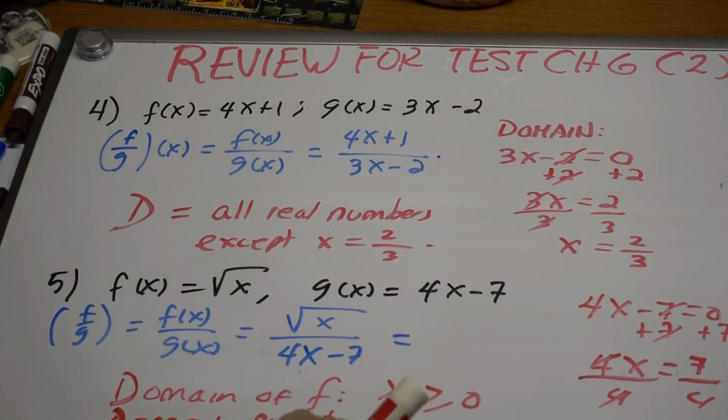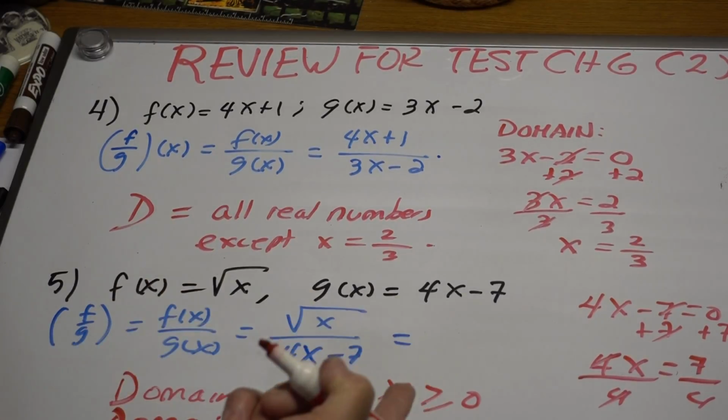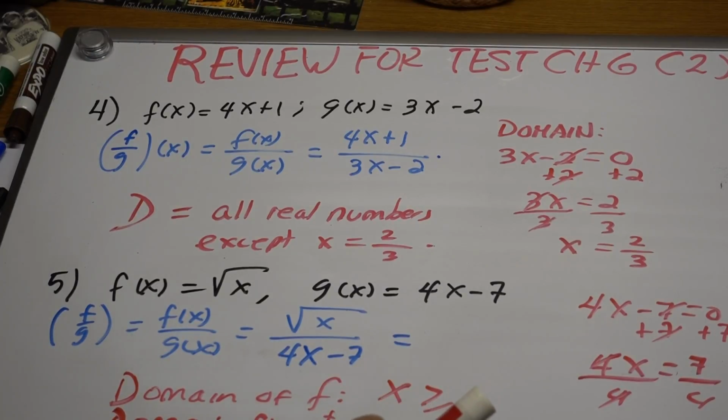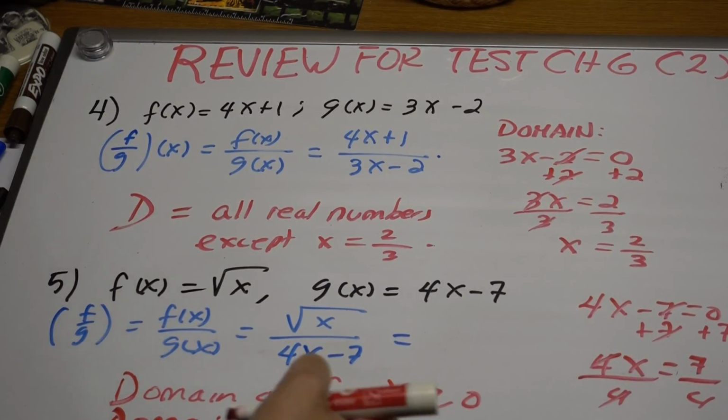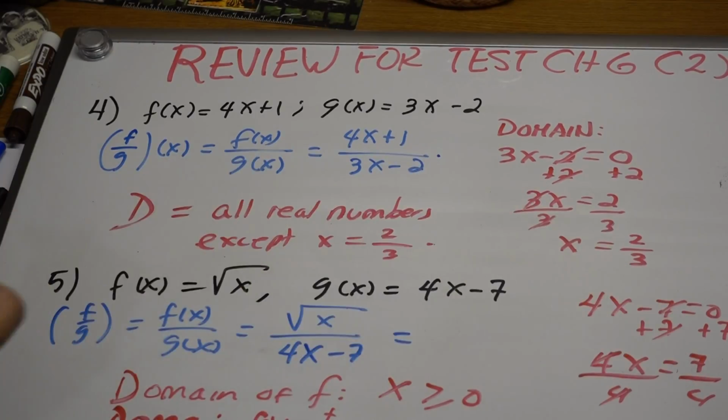All the values greater than or including 0 are okay, and it's fine to have 0, because 4 times 0 is 0, minus 7 is negative 7. But we don't want 7/4, which is in the set because it's positive. So we need to exclude that value from the set. That's the domain for the whole function, f over g.